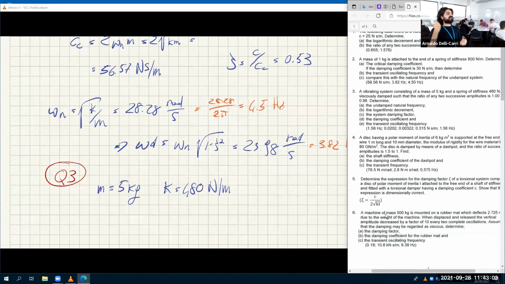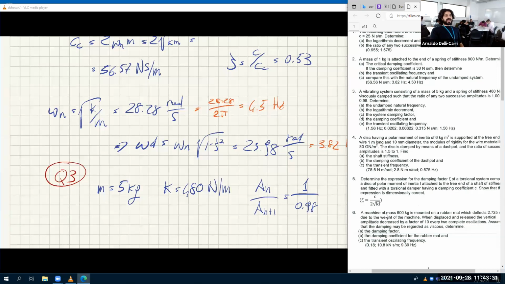That means amplitude 1 is 1, and the amplitude next to it, amplitude 2, is 0.98. So we have that A_n over A_n+1 is 1 over 0.98. All right, this is what it means in formulae.